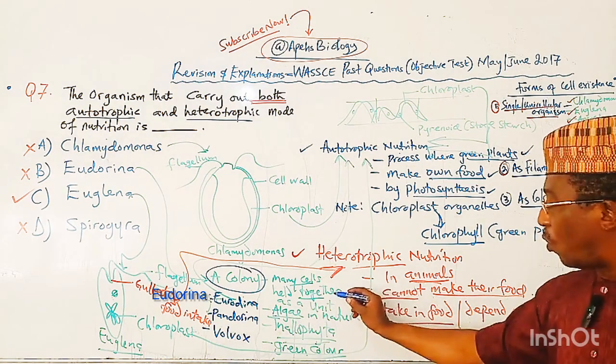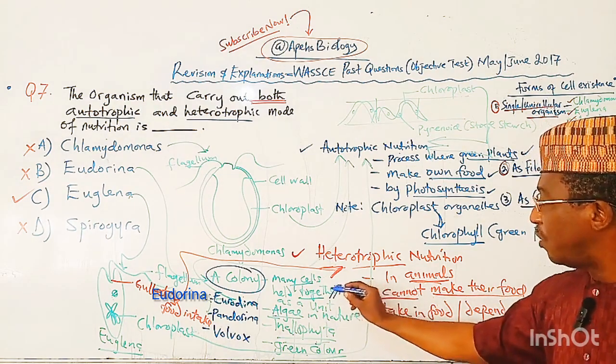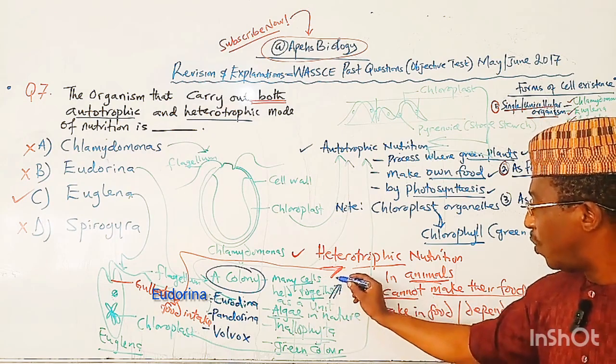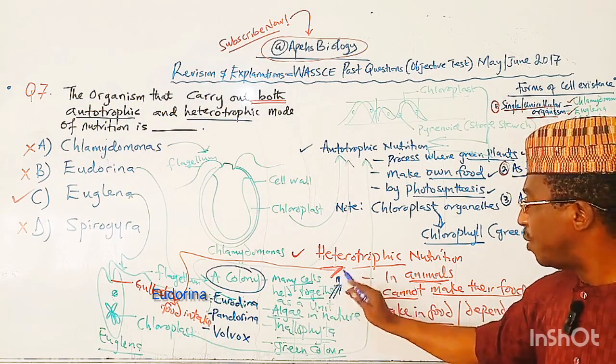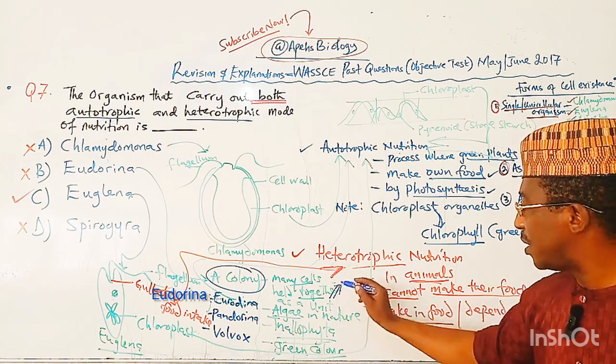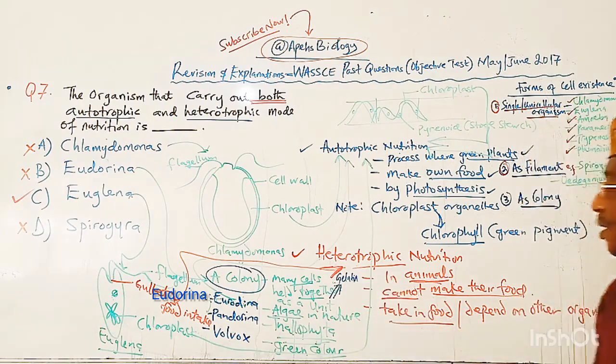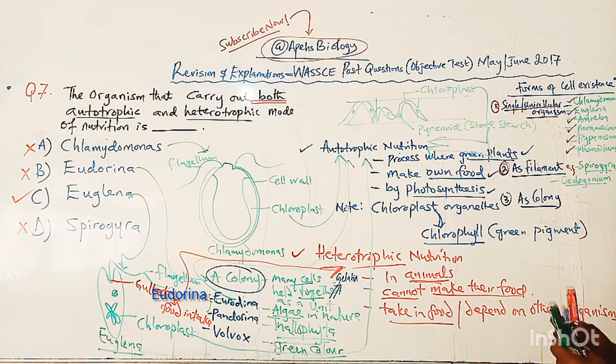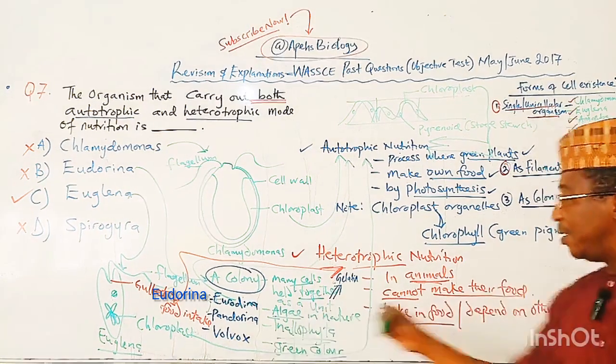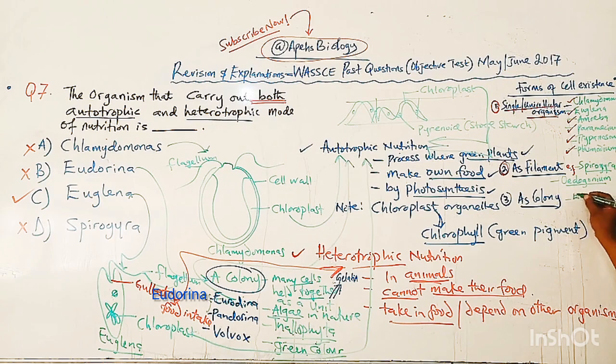And the structure that holds the colony together is actually called gelatin. Alright? You can call it gelatin.